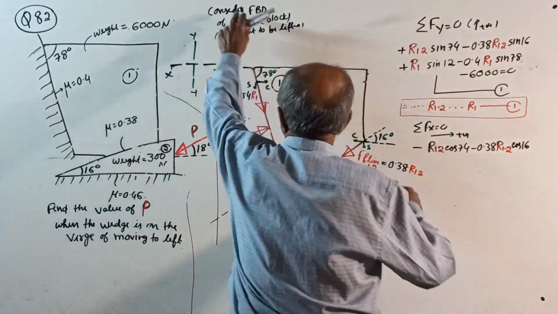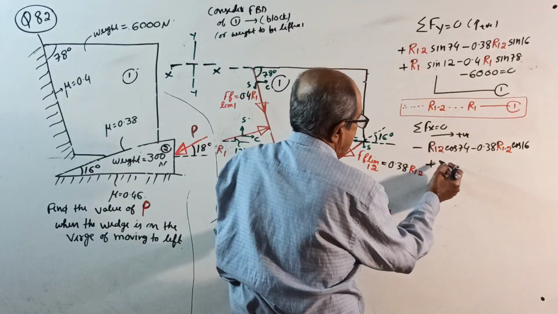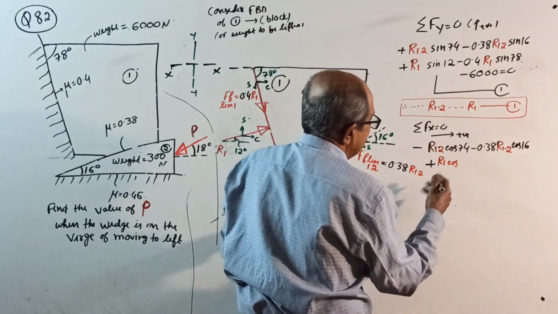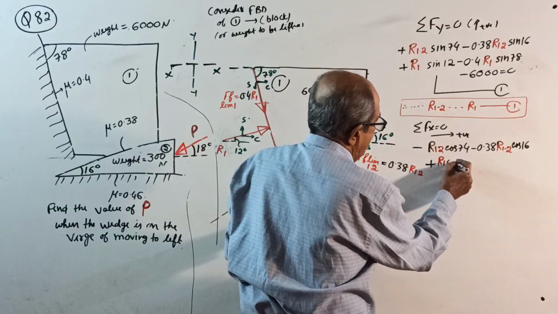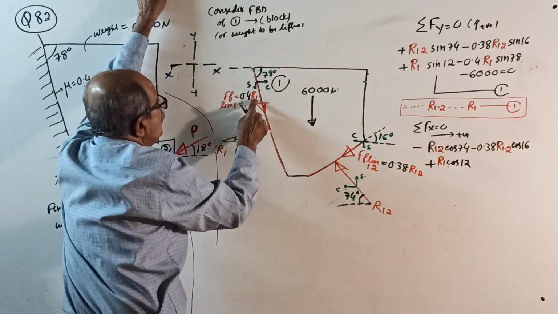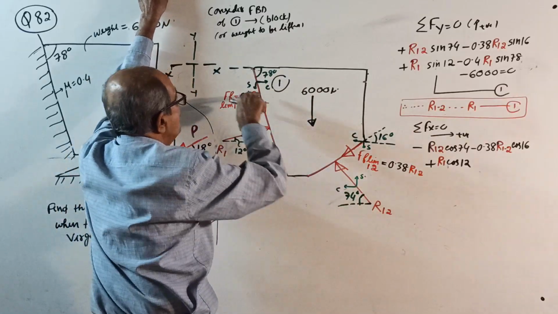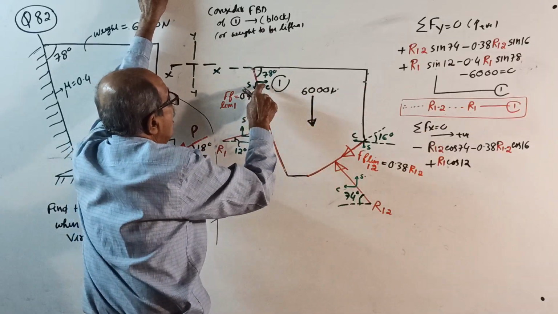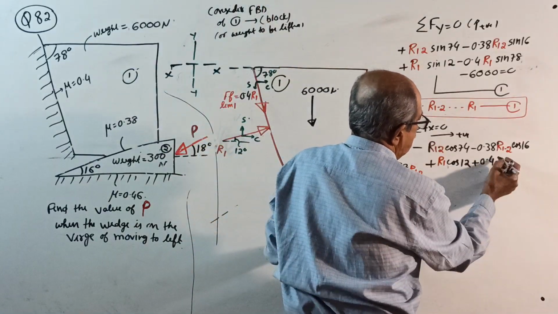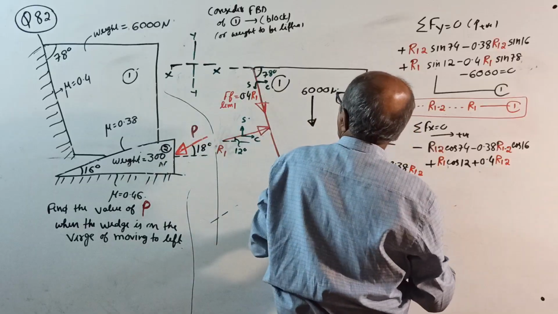Next, same order. Plus R1 cos 12 plus R1 cos 12. Cos 12 is black color. Why red color? R1 cos 12, minus 0.4 R1, sigma Fx equals 0, plus R1 cos 12, plus 0.4 R1 cos 78, plus 0.4 R12 cos 78.